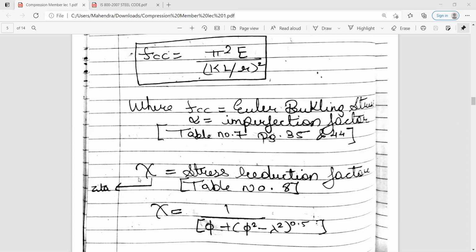So what do you call this symbol? Zeta. So just note down these formulas. All the formulas are there in your IS codes.